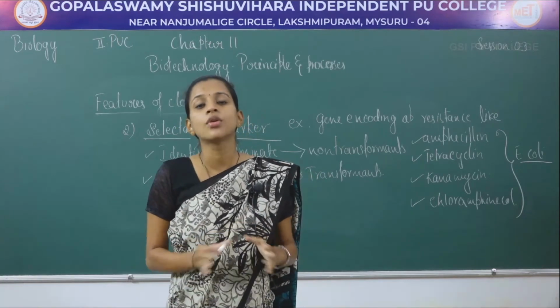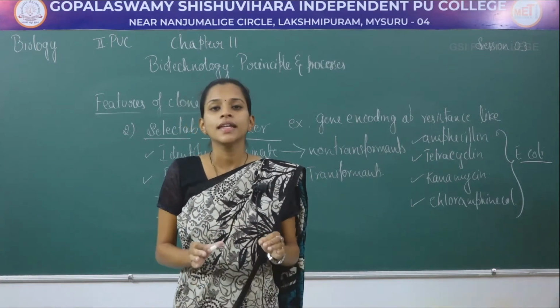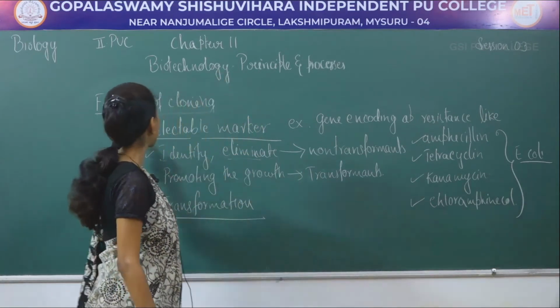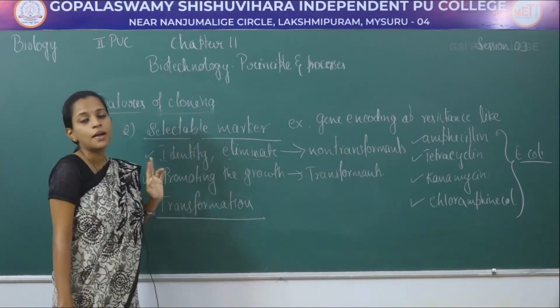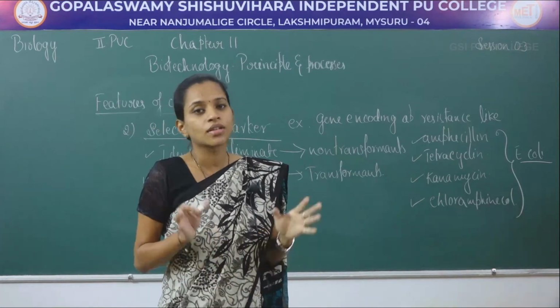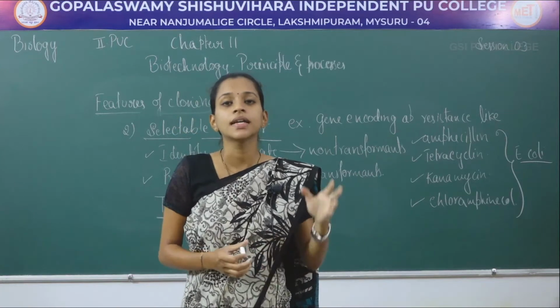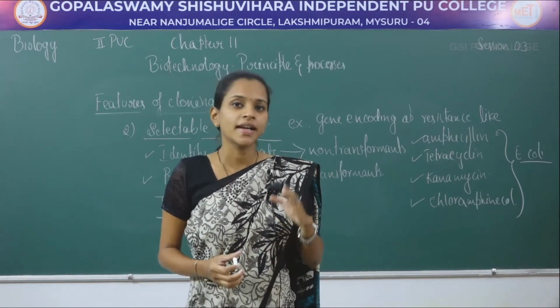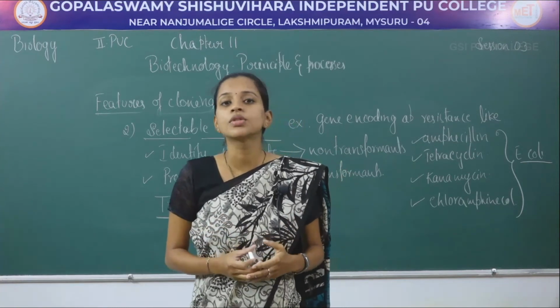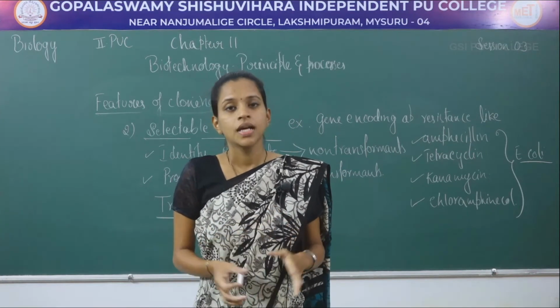Naturally, E. coli do not have the ability to resist any of the antibiotics. So, that is about the second feature, the selectable marker. The function of the selectable marker is to identify and eliminate the non-transformants. At the same time, it promotes the growth of the transformants.